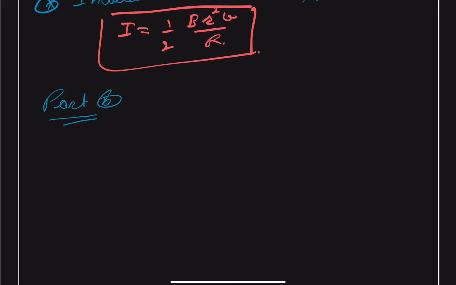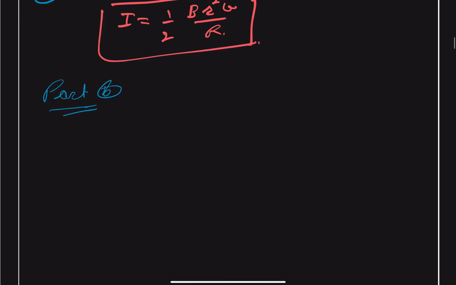In part B, as the loop enters region 2, the magnetic field passing through the loop is going to increase, because this is our initial position of the loop rotating in this direction with omega, and we have a magnetic field here.